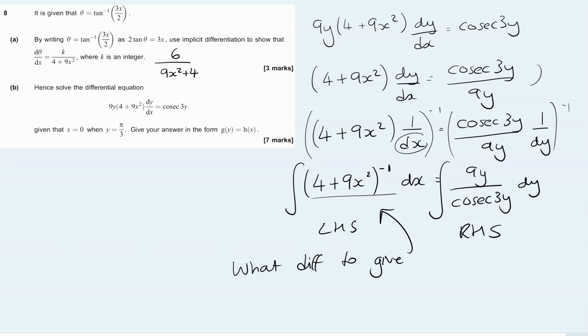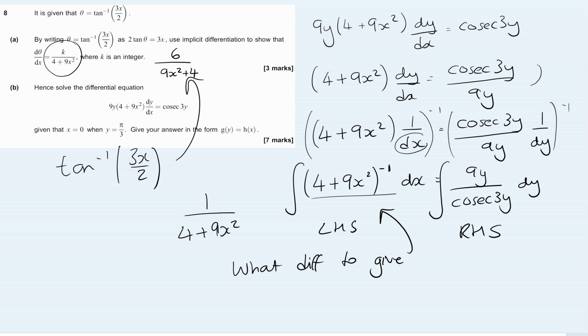And think about what we did in the first part. We differentiated tan to the minus 1 of 3x over 2 to give us what we've got up there, 6 over 9x squared plus 4. What we want is 4 plus 9x squared to the minus 1, or 1 over 4 plus 9x squared.